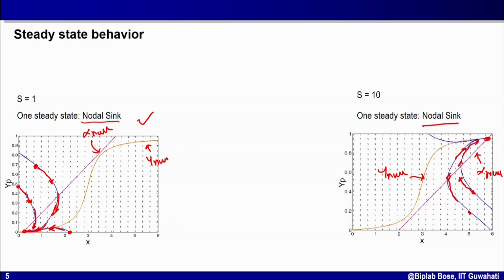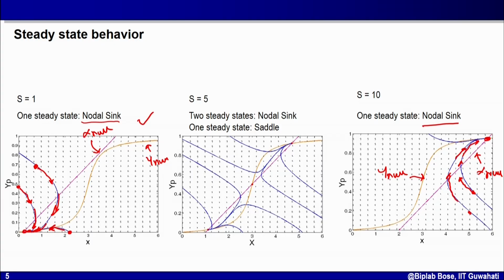What happens if I have S equal to 5? If you remember, if S equal to 5, then I have 3 points of intersection. If you look at the trajectories, this trajectory is going and hitting this steady state. This trajectory again is going and hitting this steady state.